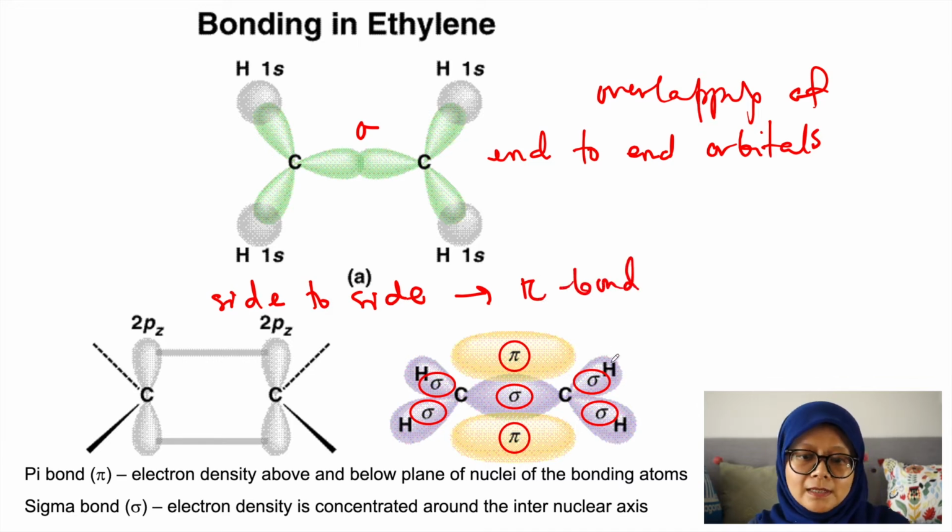So this is the bonding that forms in the compound, the presence of 5 sigma bonds and also 1 pi bond. For the 1 pi bond, if we look at this, it looks like we have 2 pi bonds, but a pair of side-to-side overlapping will give us 1 pi bond. So overlapping of 1 pair will give us 1 pi bond.